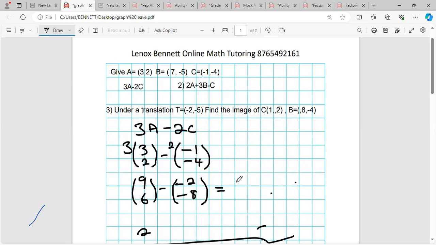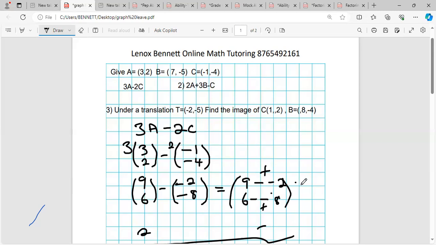So I'm going to do the matching. 9 minus minus 2, and 6. Let me put the 6 as well. 6 minus minus 8. Both of them would become positive, right?